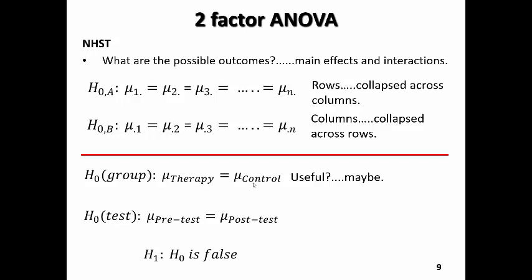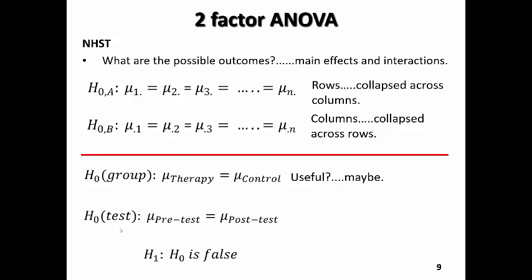Likewise, this is the average of those individuals assigned to the control group, collapsed across the other main effect, where both pre-test and post-test data are put together to calculate this average. So as a main effect, is this particularly meaningful? Maybe. We won't be able to answer this question right now. It depends upon the other outcomes of the study and the context of the specific research question.